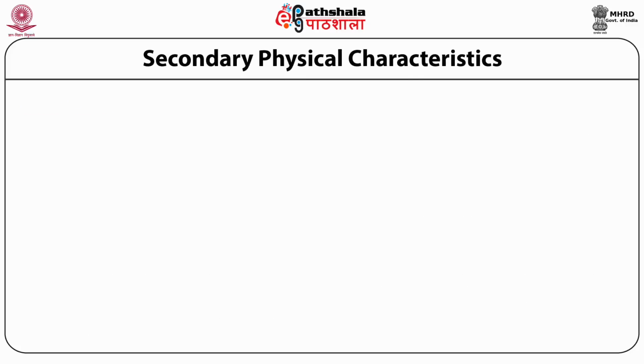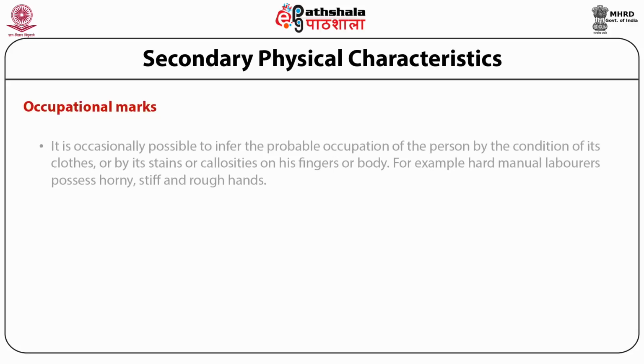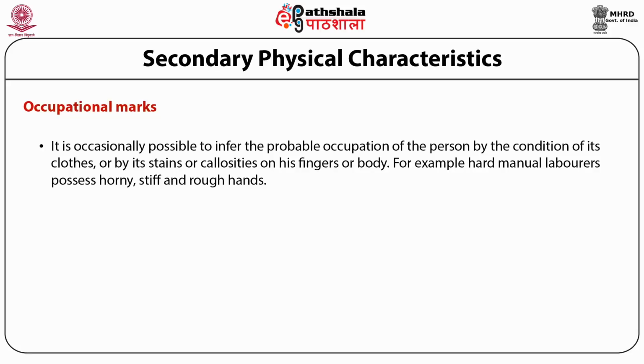The next secondary physical characteristic is the occupational mark. It is occasionally possible to infer the probable occupation of a person by the condition of his clothes or by stains or callosities on his fingers or body.